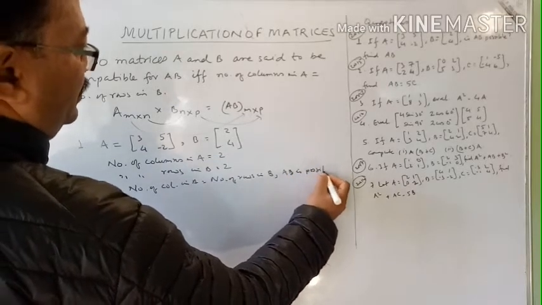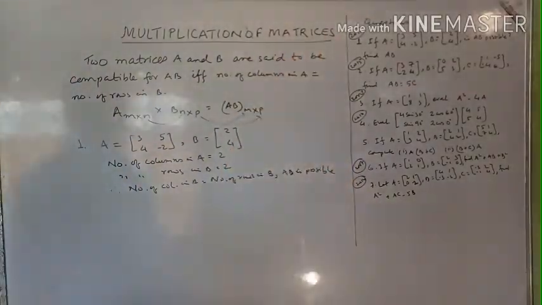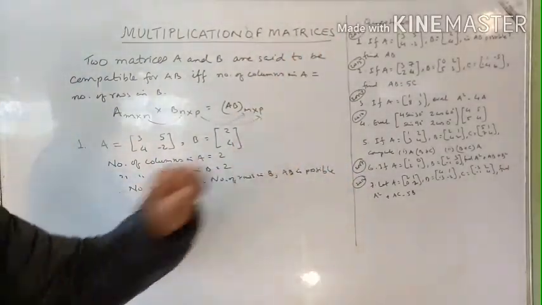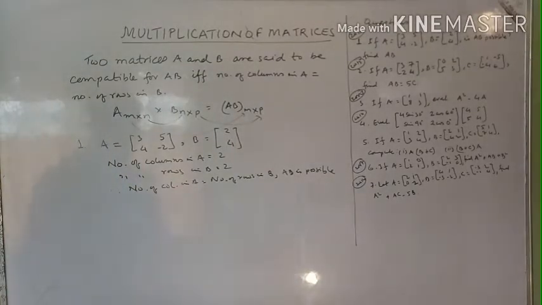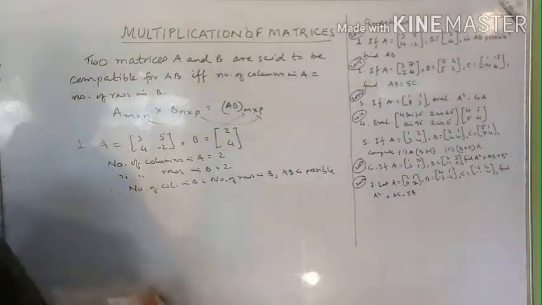This is the reason why the product is possible. This is the first answer: is AB possible? Yes, AB is possible. Now if it's possible, the question is to find AB. Now we will multiply A and B, so find the product.